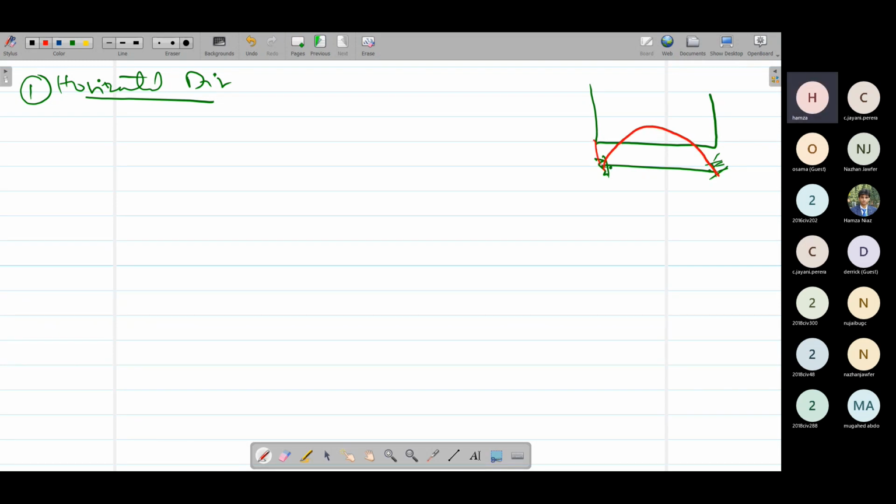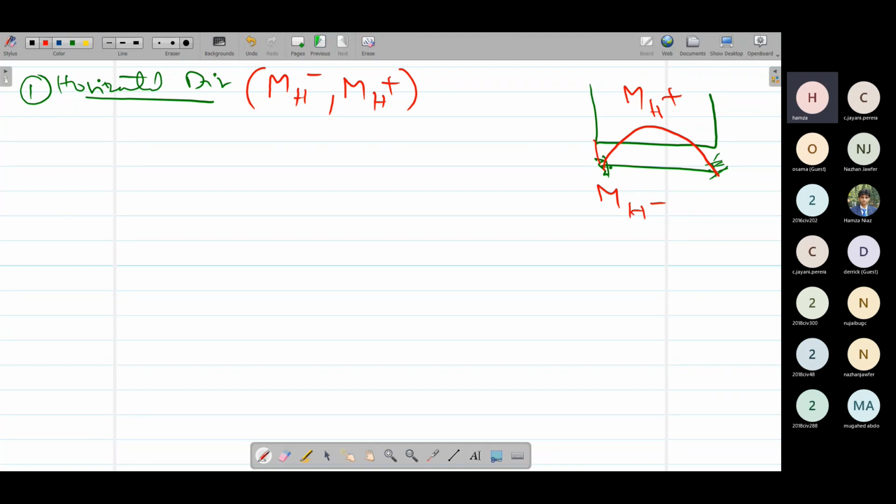We would have some MH negative moments, that is, horizontal negative moments, and we would have some MH positive moments. So in the horizontal direction, we have to design two moments, MH negative and MH positive. We are going to design both these moments because it is fixed on both sides.